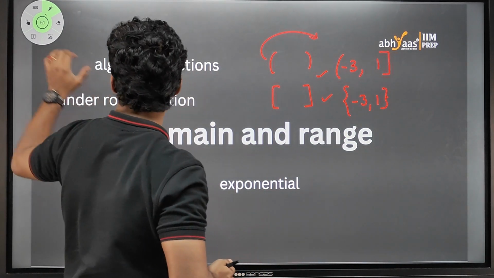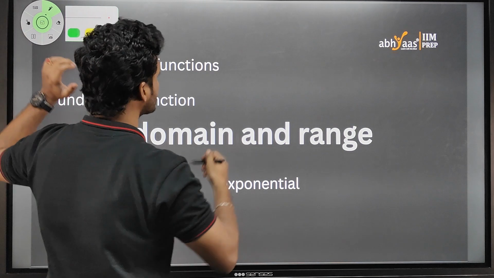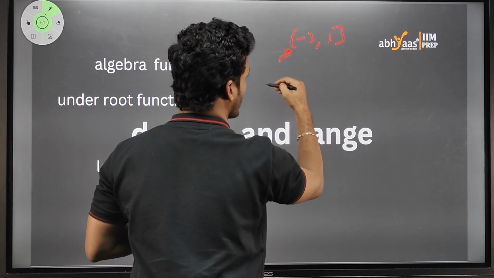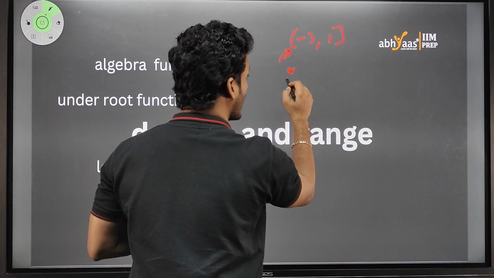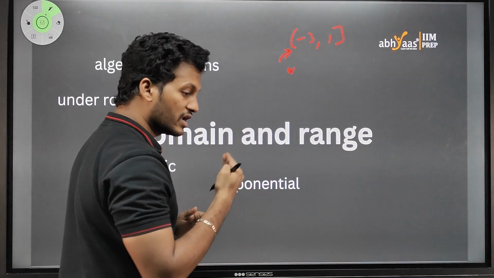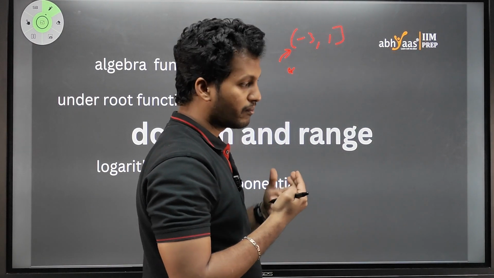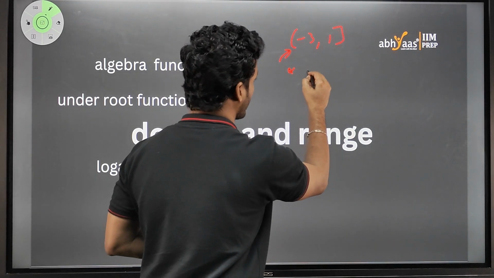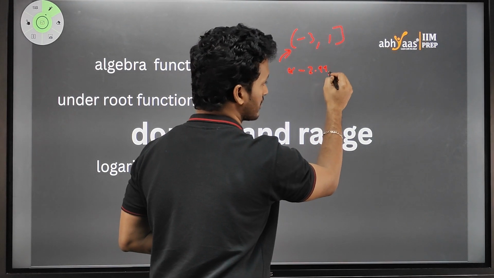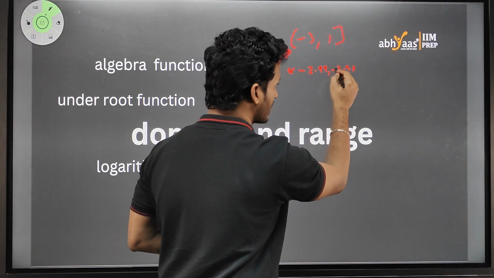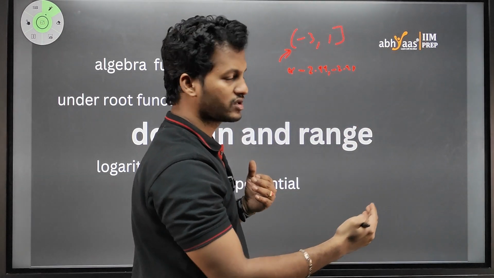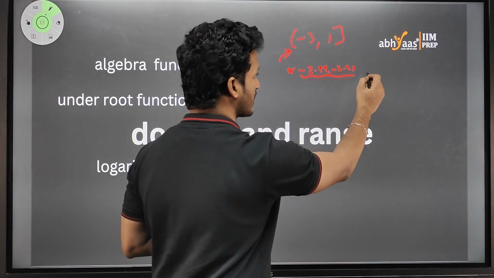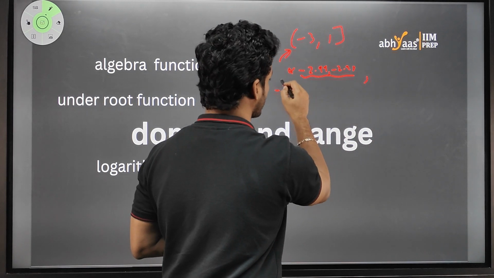Okay, this is very small, that's why I'm going to explain this. (-3, 1] means -3 should not be included. The values which are near -3 but greater than -3, like -2.99, -2.98, you can even expand more than that. So these values are there, but not -3.